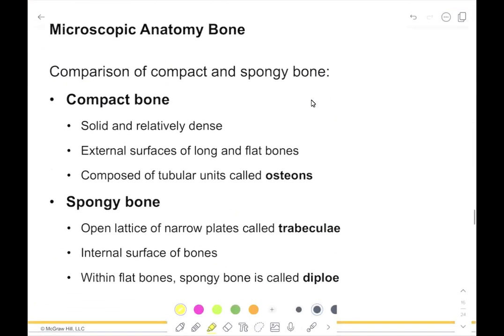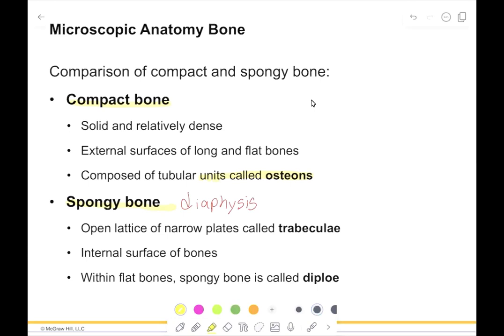So in the microscopic anatomy of bones, we have two types of bones, one called the compact bone and another called spongy bone, which, as you've seen, are located primarily in the diaphysis of long bones. The compact bone has a structural or functional unit called the osteon, which almost looks like the growth rings of a tree.